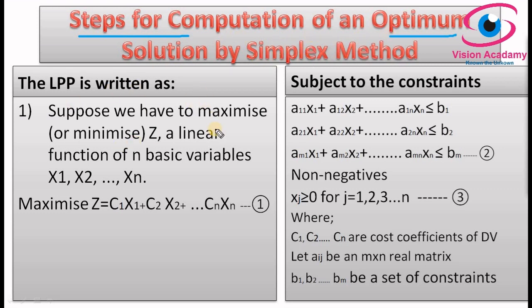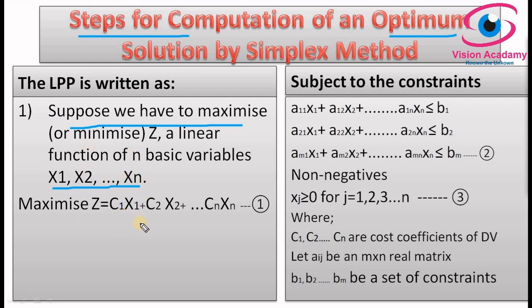Firstly, as we know, we have to express the real world problem in mathematical formulation. Suppose we have to maximize or minimize Z, a linear function, and the basic variables we will consider are x1, x2 till xn. Those variables must be in the objective function.